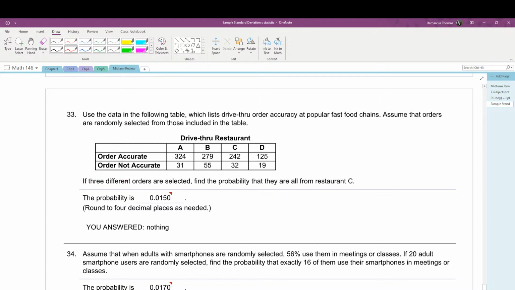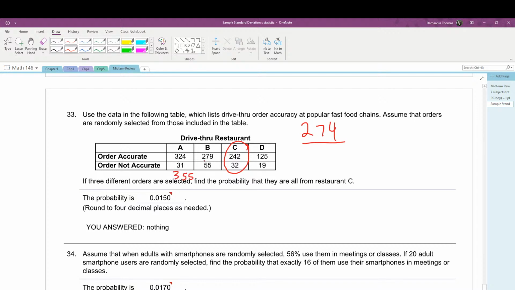If 3 different orders are selected, so the total number of orders from restaurant C, let's figure out the probability of the first one being from C. It would be 274 out of the total. Well, let's figure out the total.